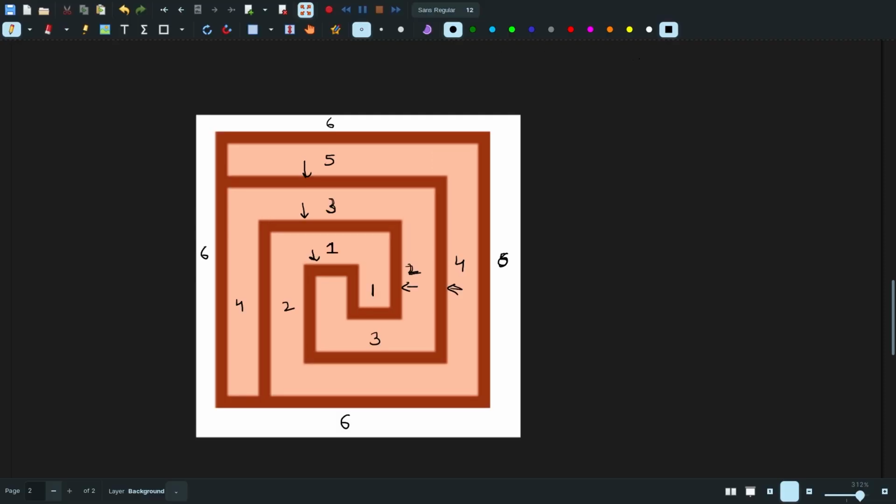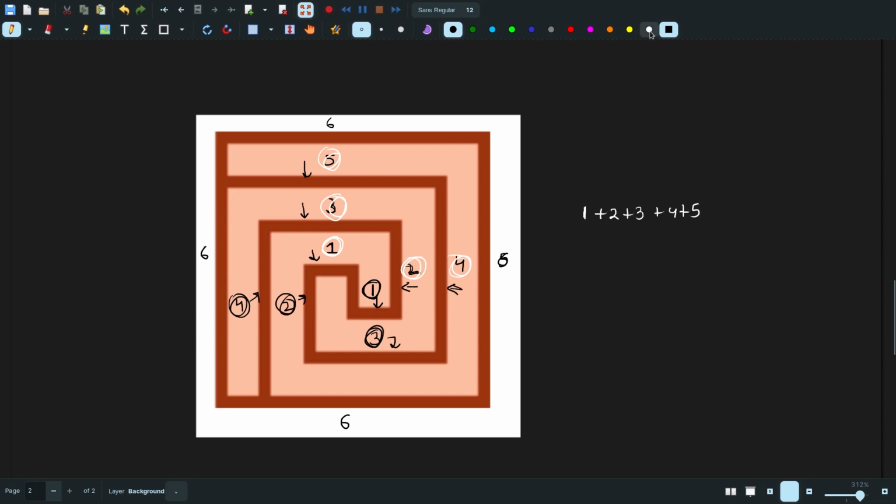Now I'll help you observe some pattern here. All the 4 corners would obviously be of length 6, right? So this is 1 length, this is 2 length, this is 3 length, this is 4 length, and this is 5 length. So what is the total value? If you carefully observe here, I have marked this one, this one, this one, and this one, and this one, right?